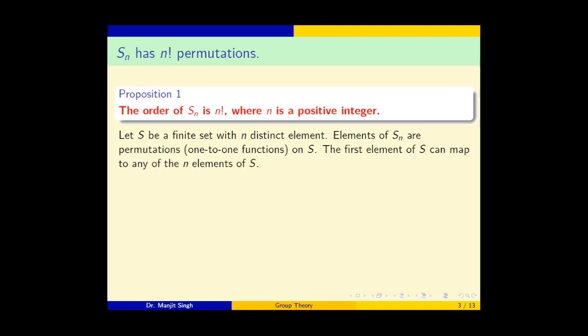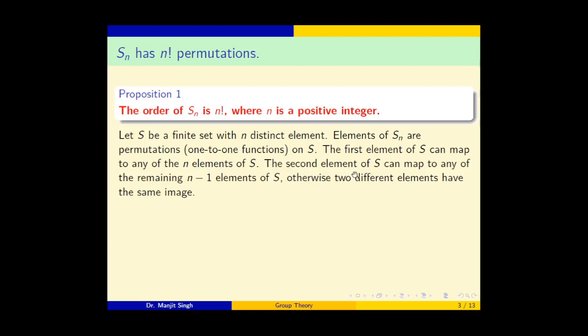We will consider this first. The first element of S can map to any of the n elements of S. Every element has a unique image. If we consider 1 in S, then 1 can be assigned any of the elements from 1 to n. So the first element of S has n choices.